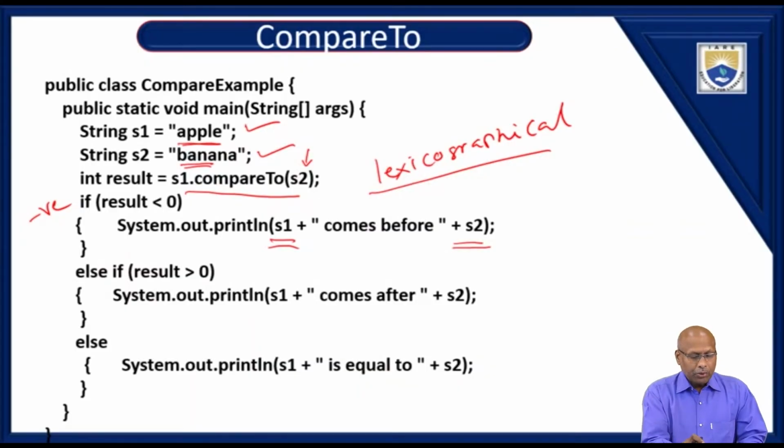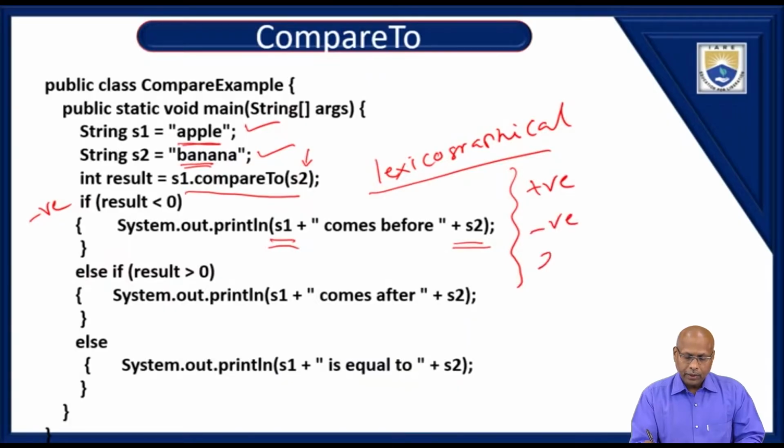If both are equal, S1 is apple and S2 is also apple, then both are equal. So the compareTo method returns 3 kinds of values: one is a positive value, one is a negative value, and the other is 0. If a positive value comes, this message comes. If negative comes, this. If 0 comes, this.